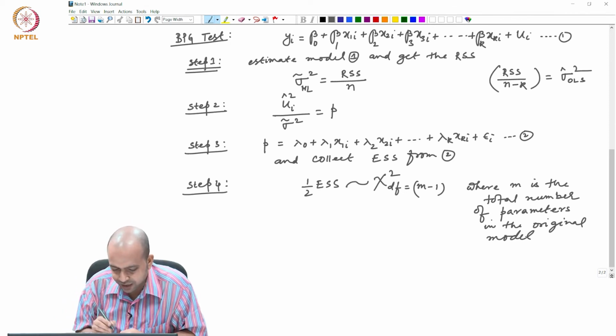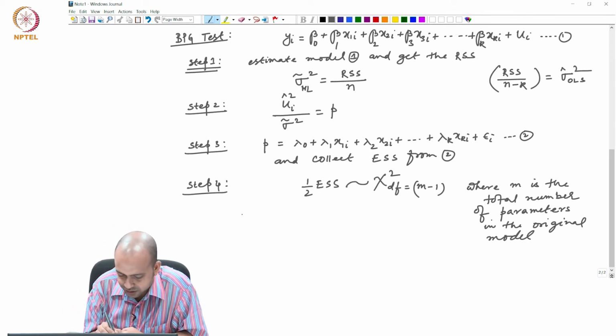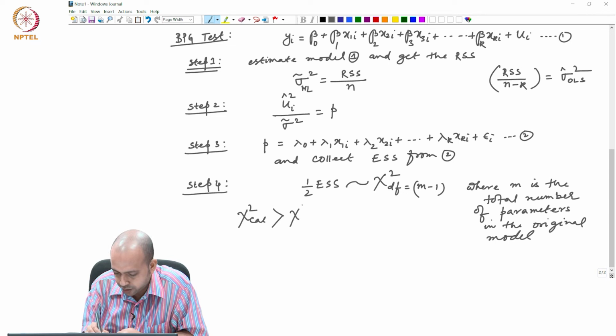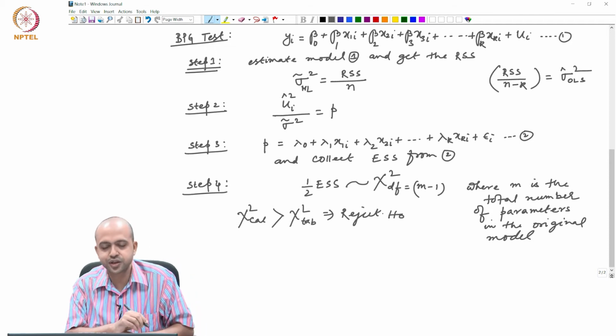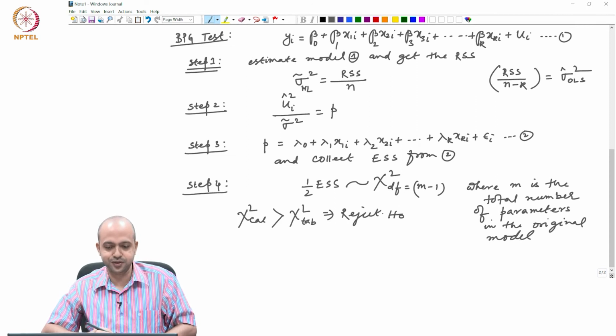So, if the calculated value is greater than the chi-square tabulated, then you reject your H naught. And what is our H naught? That there is no heteroskedasticity.